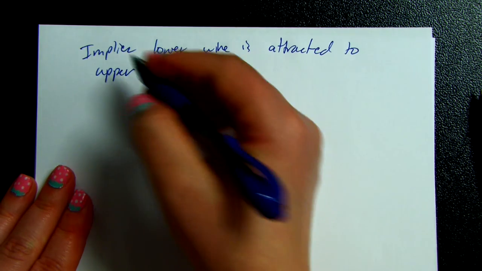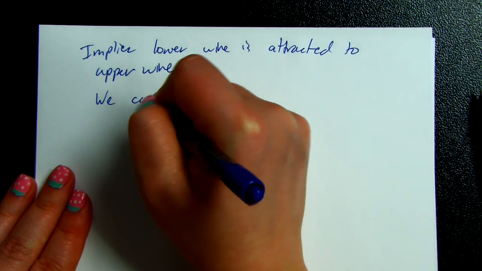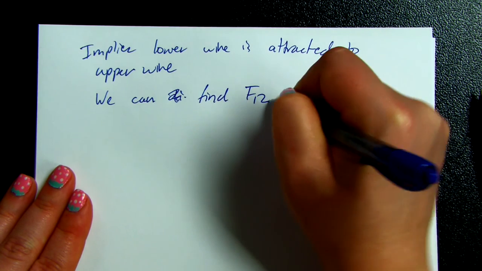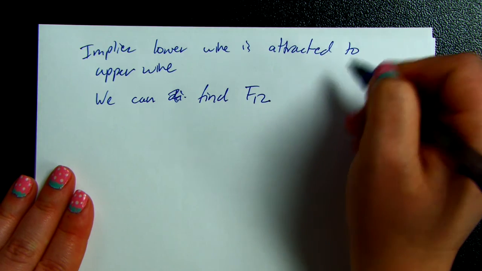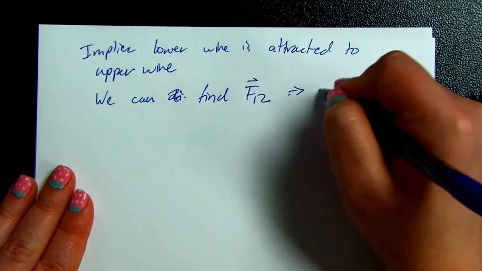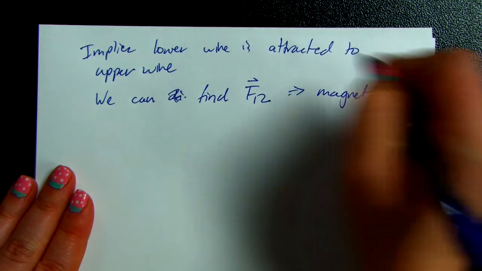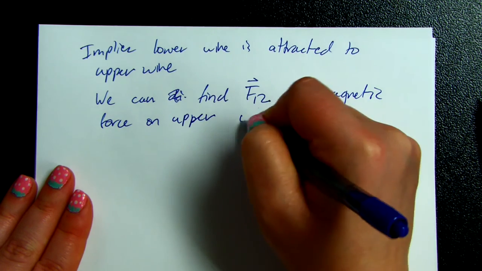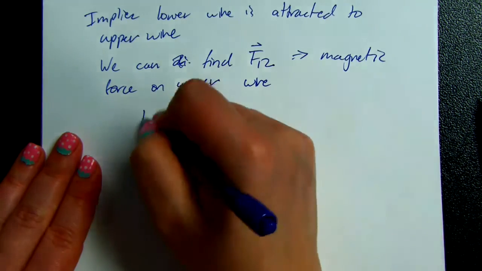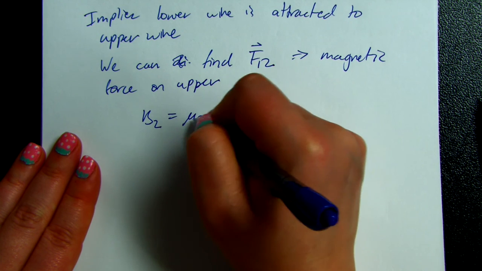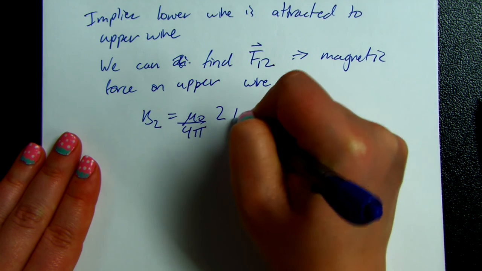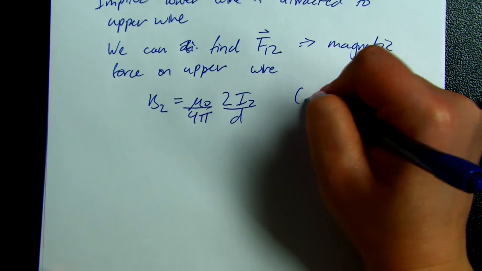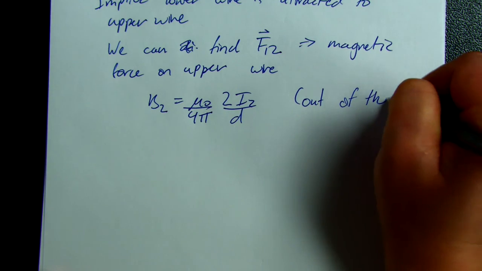So now we can find F12, which is the magnetic force exerted on the upper wire. So B2 is equal to mu naught over 4 pi, 2 I2 over D. And so this is out of the page.